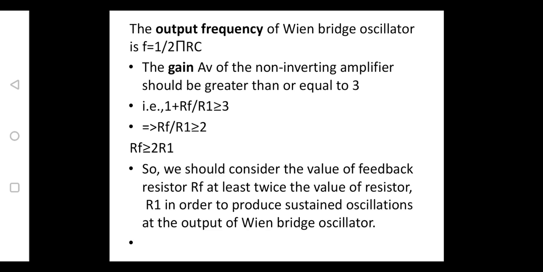So for the Wein bridge, feedback should be greater than or equal to twice that of input, whereas in the case of an RC phase shift, it should be 29 times that of the input. This is all about RC phase shift and Wein bridge oscillator circuits, in which the output is a sine wave.